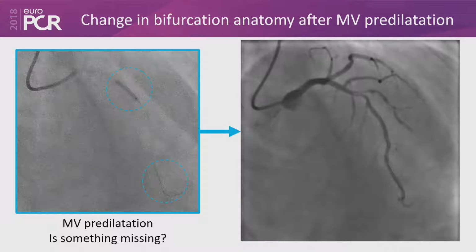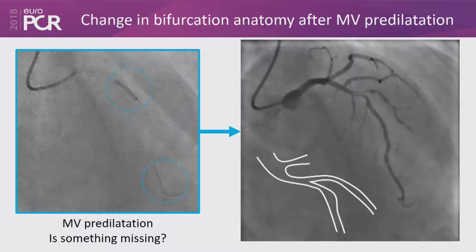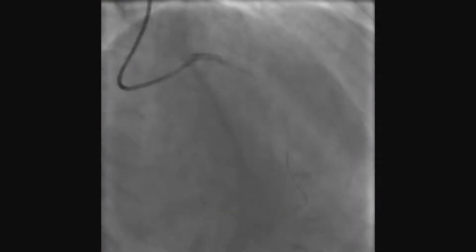However, we knew, as we know from the previous slides, that the anatomy can change. The plaque can change, but also the angle of the bifurcation could change. So with the undersized balloon, we predilated. There was good flow afterwards, and the patient was feeling very well. And this is also what happened. The bifurcation angle changed. Now look closer at it.